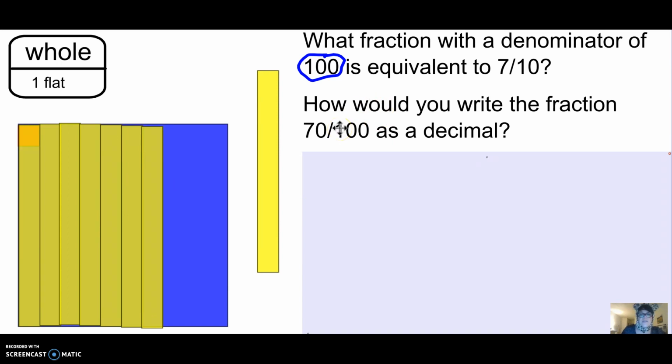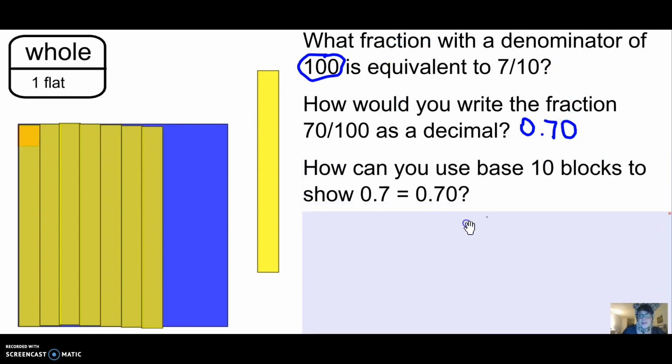So how would we write the fraction 70/100ths as a decimal? This says 70/100ths. How would we use base 10 blocks to show that 7/10 is equal to 70/100ths?